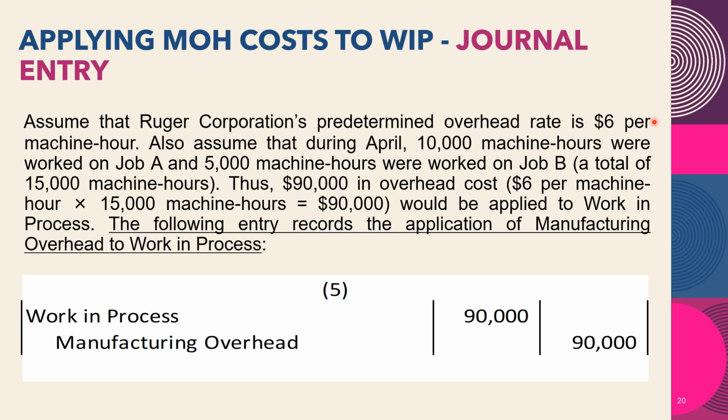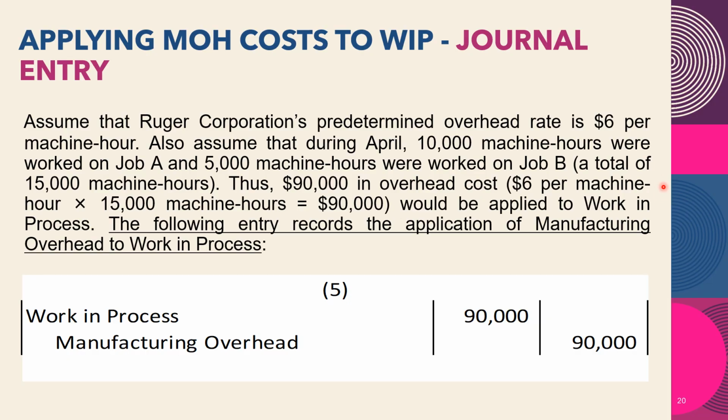Assume that Rogers Corporation's predetermined overhead rate is $6 per machine hour. Also assume that during April, 10,000 machine hours were worked on Job A and 5,000 machine hours were worked on Job B, so a total of 15,000 machine hours used.